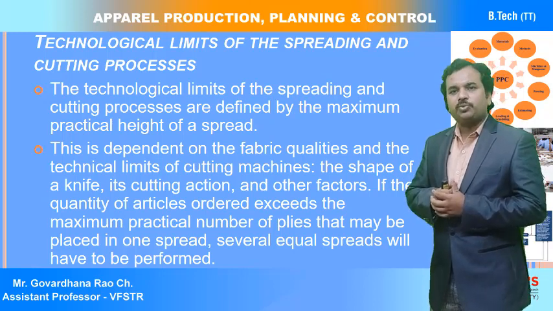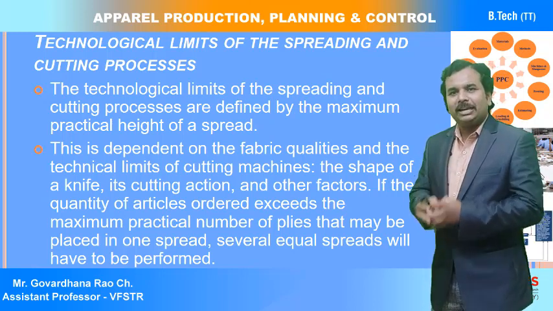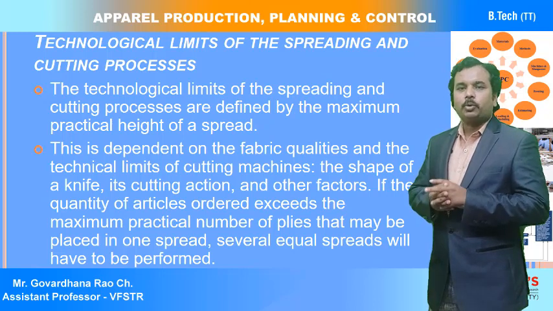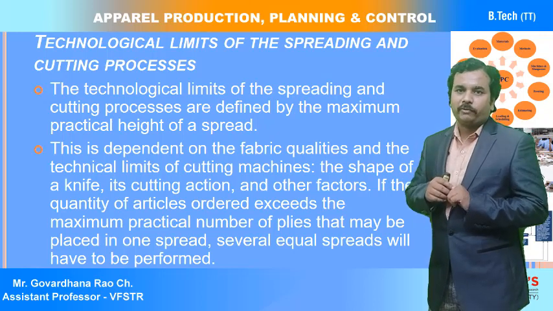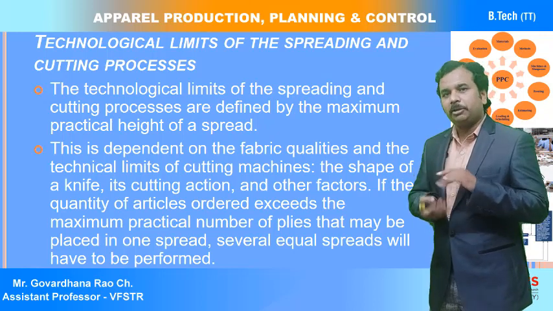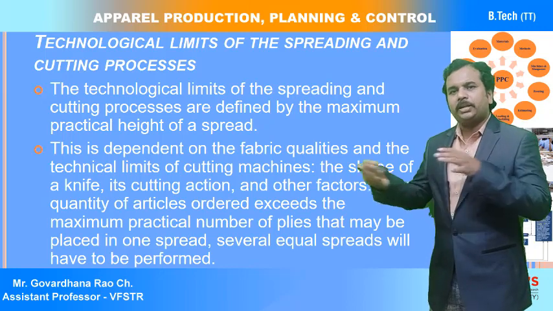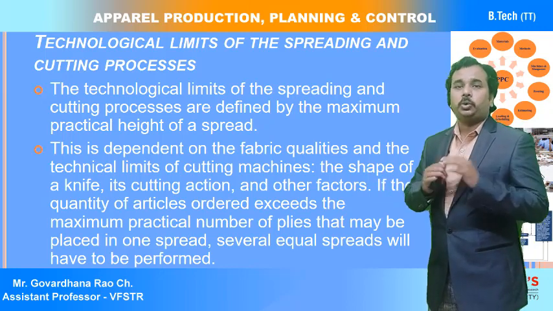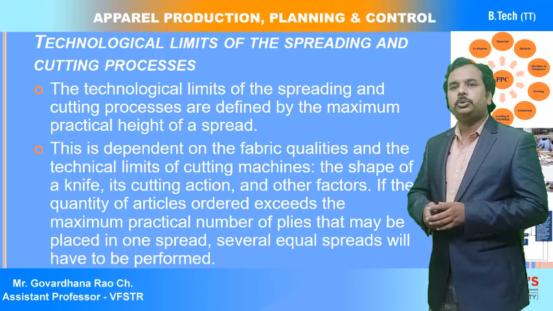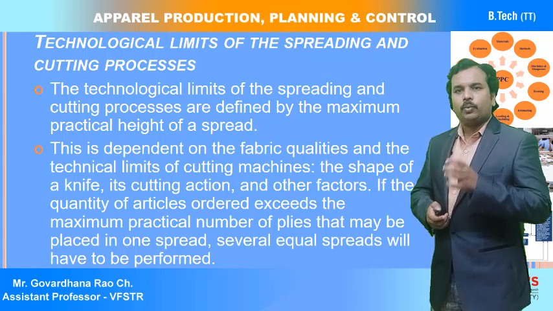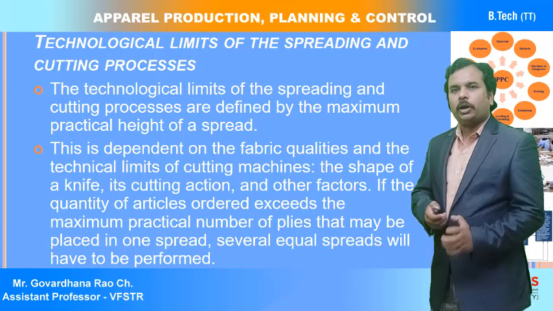So in that case, what we generally do is split it: the 20 centimeters of height becomes 10 centimeters of height, two spreads are done, and we cut two times. In this way we get the required ordered quantity.